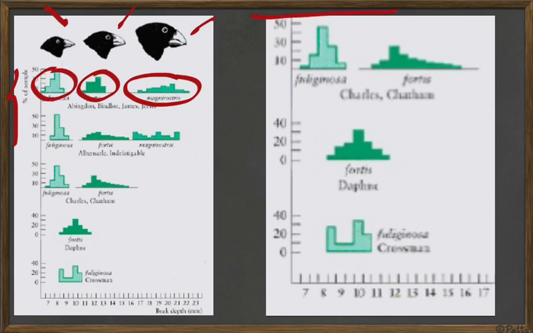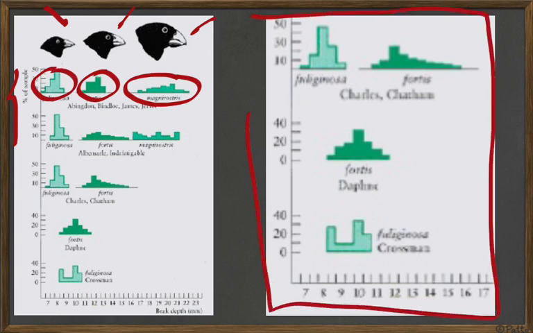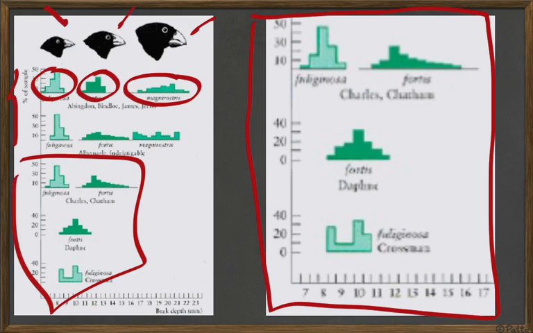But if we take a look on this diagram over here on the right, which is a magnification of this here, we are going to see that when we don't have the more powerful one over here, the niche of these two species, the small beak one and the medium beak one, is actually a little bit wider.